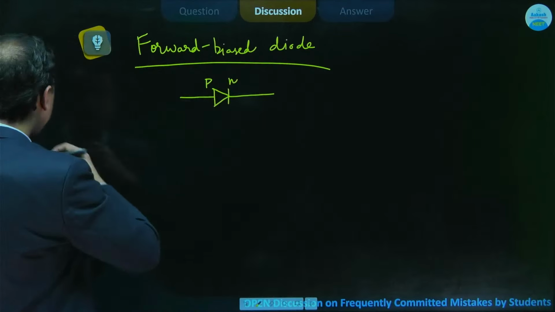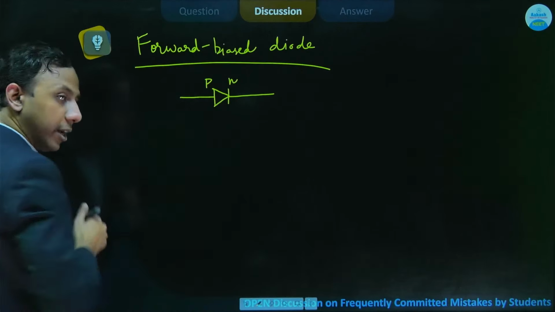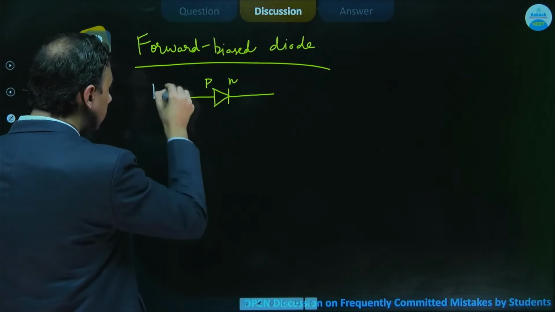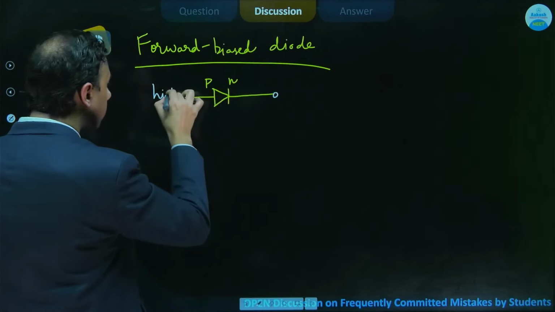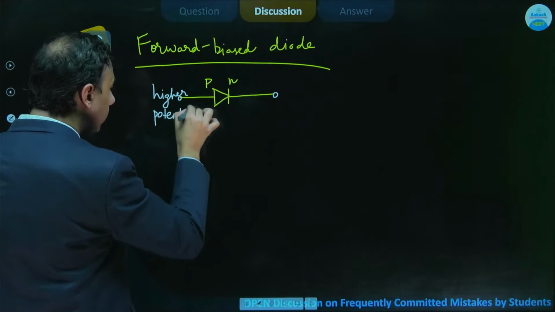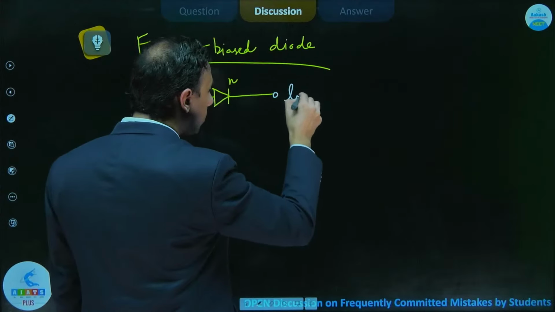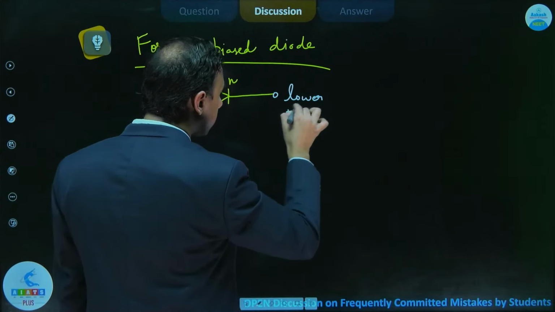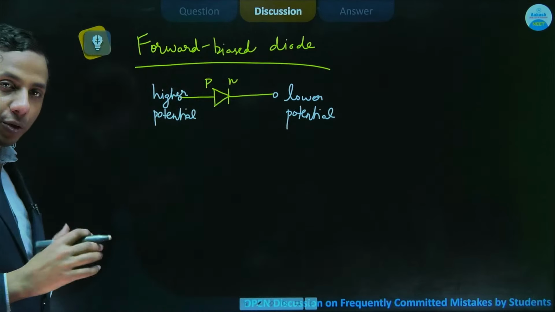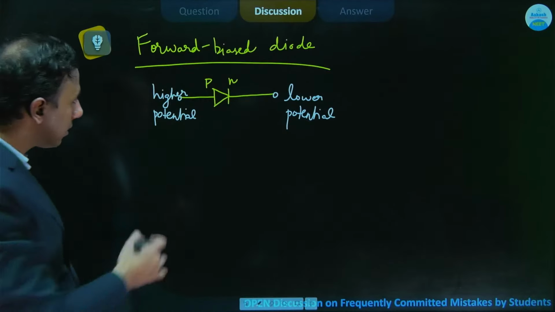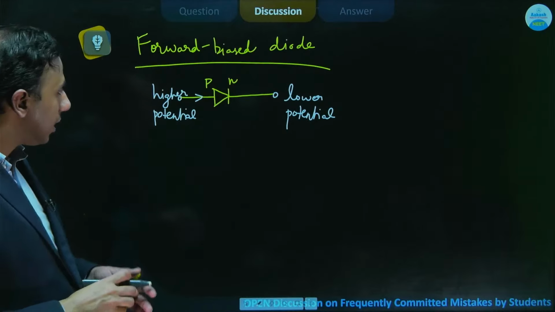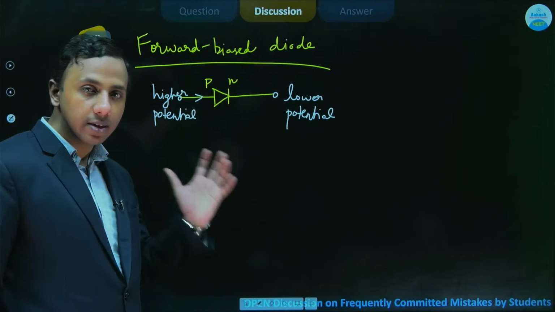Now when P side is connected to higher potential than N side, so at N side I can write lower potential, then we say it is forward bias diode, which means current will flow through the diode. Current will flow through a diode, and diode is going to offer least resistance.